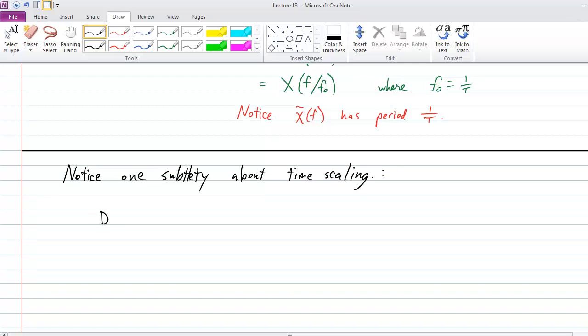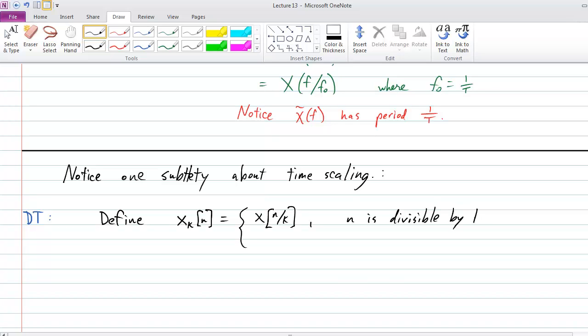If we define in discrete time, as we did in one of your problem sets, a scaling operation like this, x sub k of n equals x of n over k when n is divisible by k, zero else.